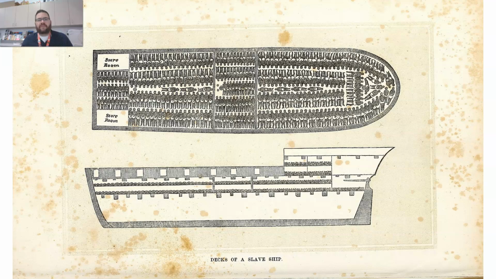We know from the journals of the slave traders, but also of those Africans that were kidnapped and forced into slavery, that oftentimes the slaves were fed twice a day, and they were often forced to go to the top of the ship to get fresh air.